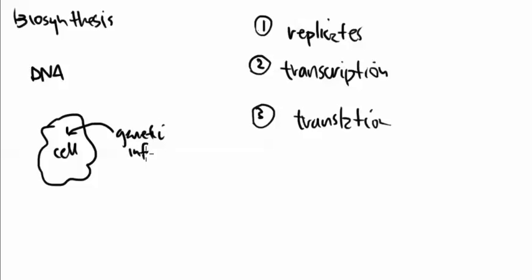The genetic information has to be conserved, it has to be contained, and it has to stay safe. We do not want that genetic information to go out and become modified or mutate on us and change into something completely different. So we've got this genetic info inside of these cells.